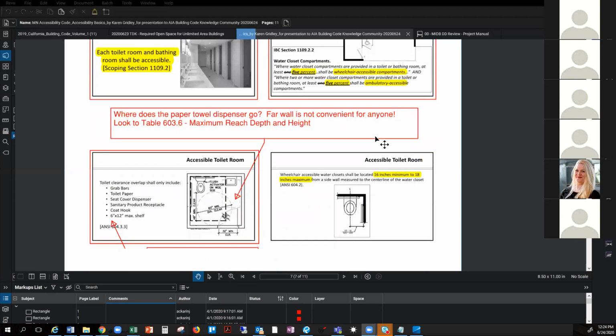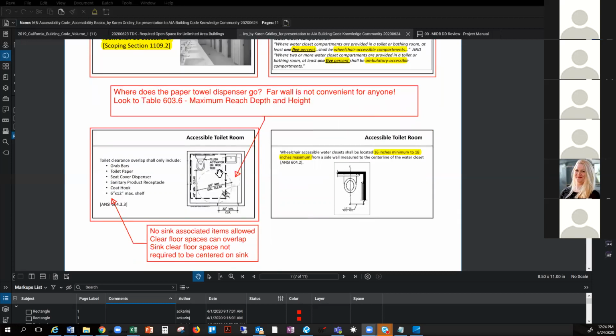Another item that came up that I wanted to emphasize here as well was having to do with the sink. How does one address paper towel compartments, anything that might get in the way of the path of your clear, accessible space, the 30 by 48?